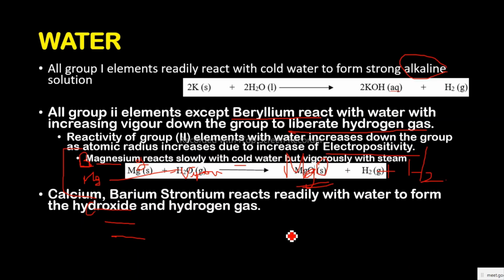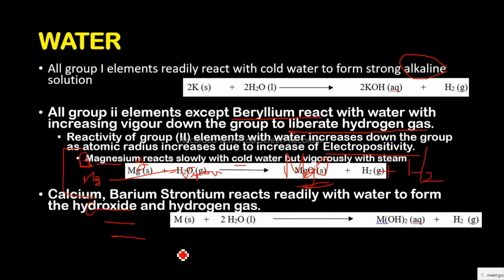It is as simple as that. The equation is: M reacts with water to form hydroxide and hydrogen gas, where M can be calcium, barium, or strontium. So in case anybody has a question, let me check.